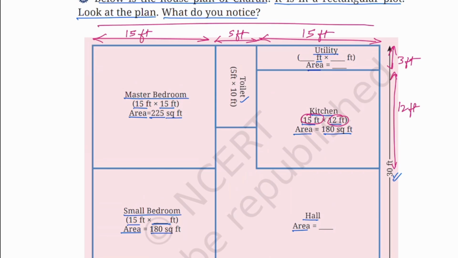So the length will be 35 feet. So the area of the plot will be 35 into 30. That is 35 length into 30 feet width. That is, the area is 1050 square feet.